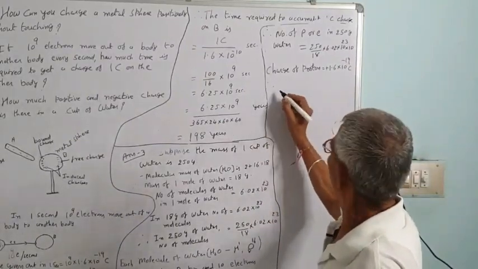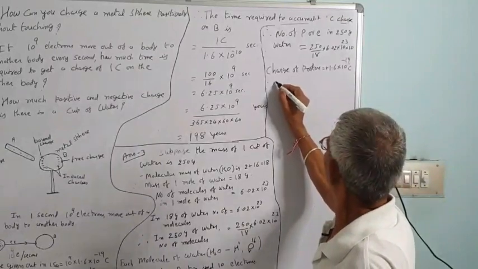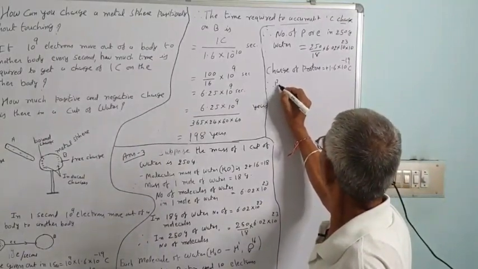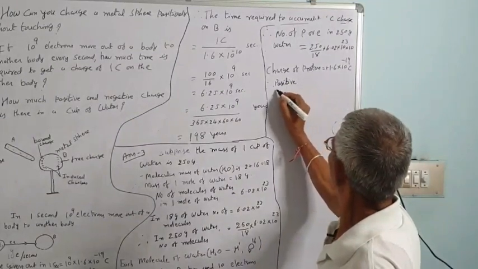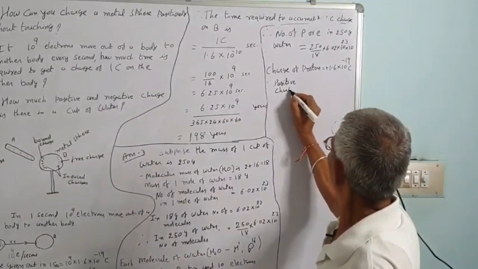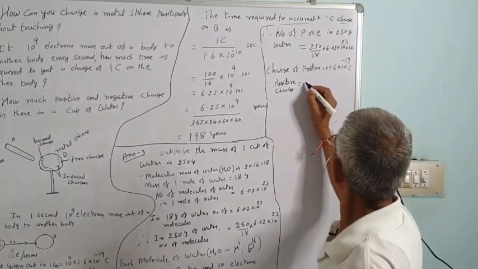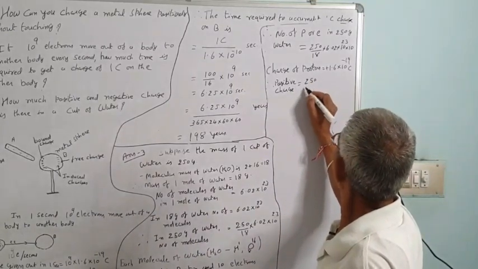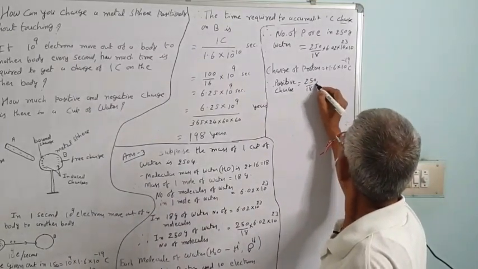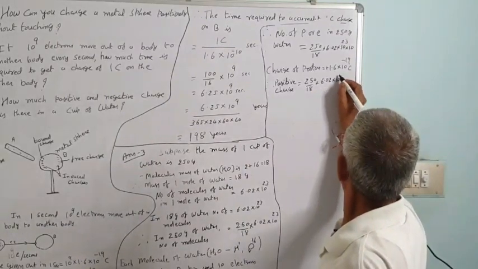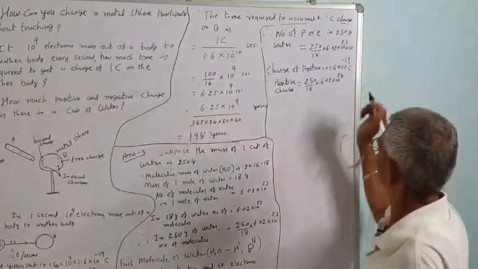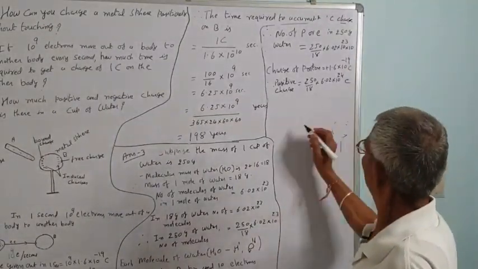Therefore, the positive charge is equal to 250 upon 18 multiplied by 6.02 into 10 raised to 24 multiplied by 1.6 into 10 raised to minus 19 coulomb.